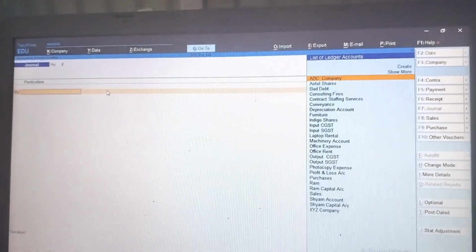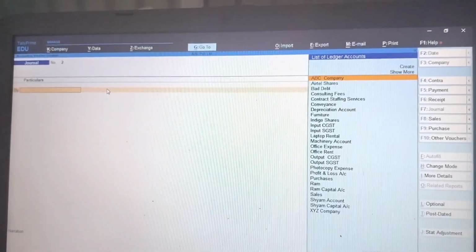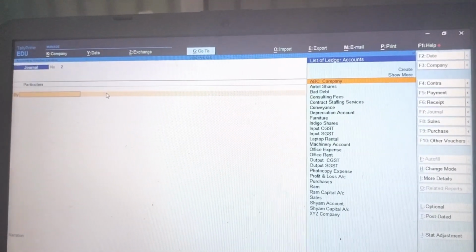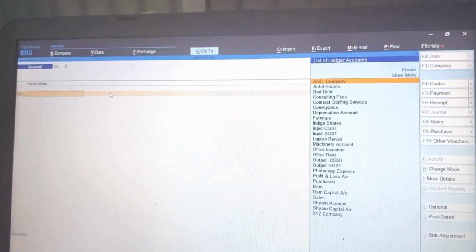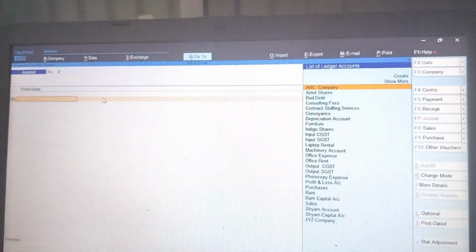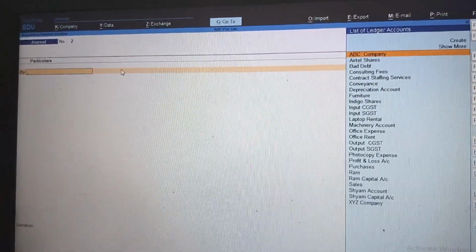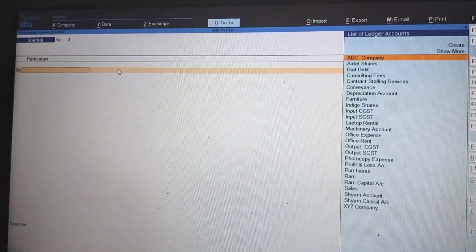When we are receiving payment, in that case we allow discount to the debtor, and in case of a creditor we receive the discount, so that would be an indirect income for us. But here if we are allowing discount, then that is a loss for us.